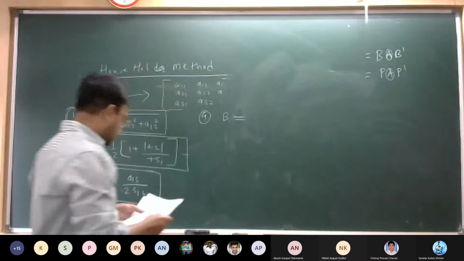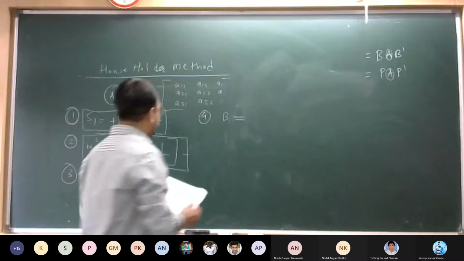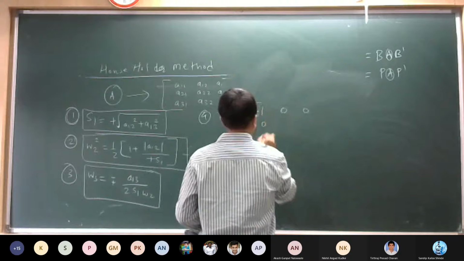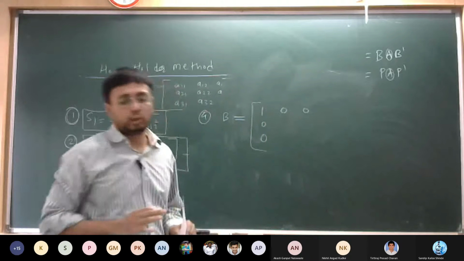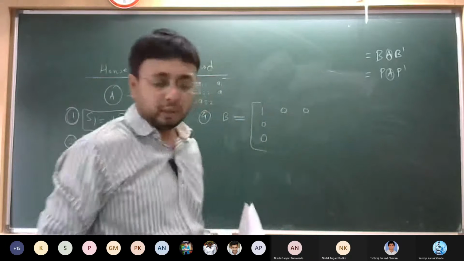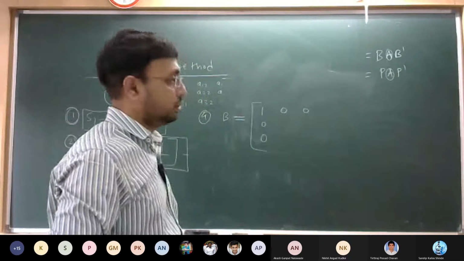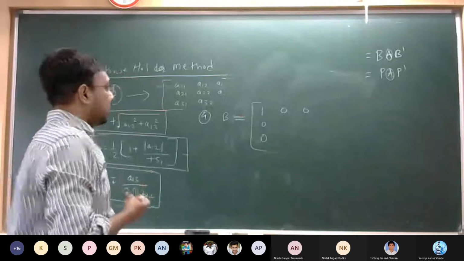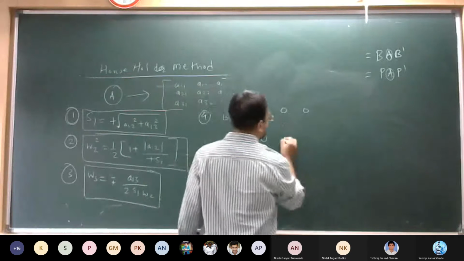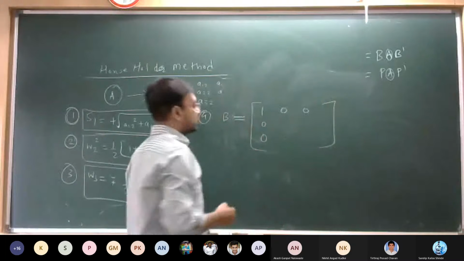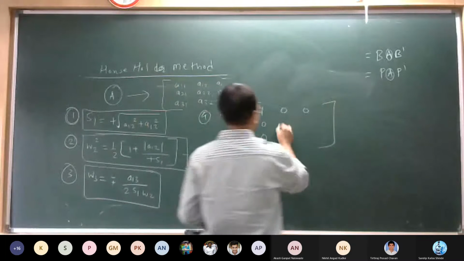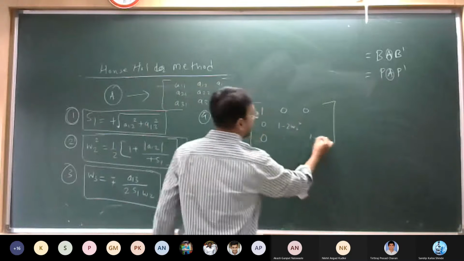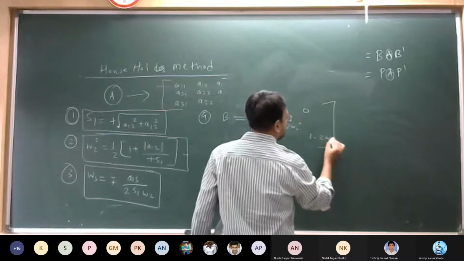The B matrix can be calculated by simply putting 1 0 0 in the first row, 0 and 0 in the first column. Don't bother how it comes; just remember this formula by heart. It is very easy: 1 minus W2 square, and here 1 minus 2 W3 square.